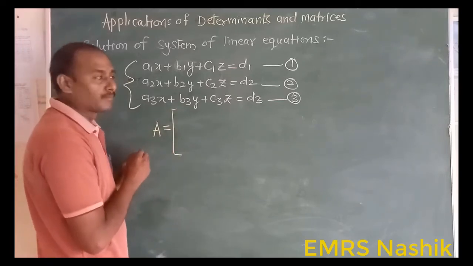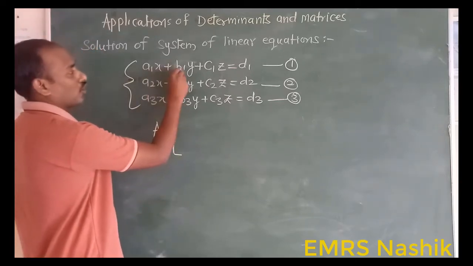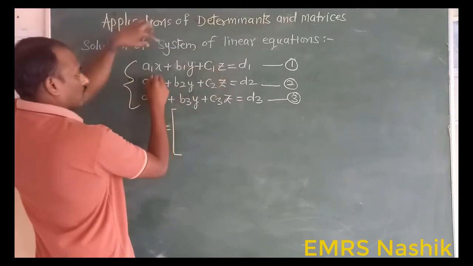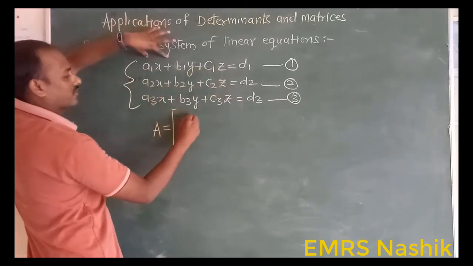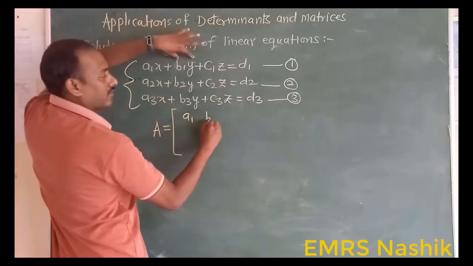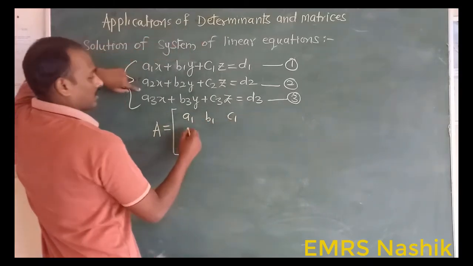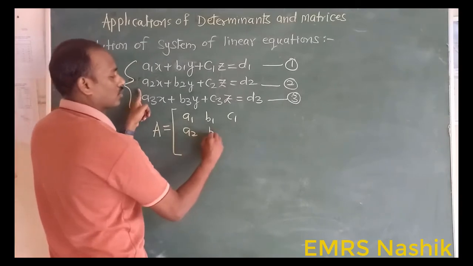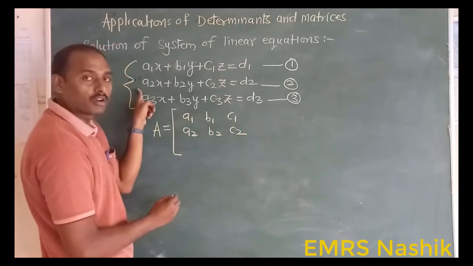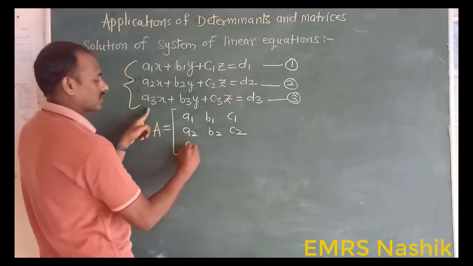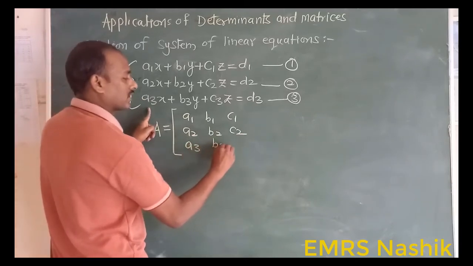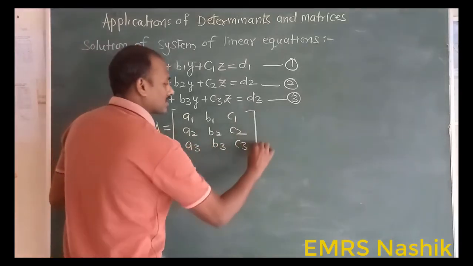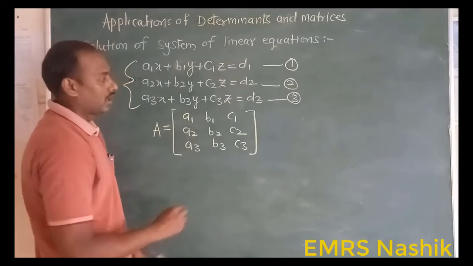In this system we are going to write the coefficients first. For the first equation the coefficients are a1, b1, c1. For the second equation the coefficients are a2, b2, c2, and for the third equation the coefficients are a3, b3 and c3. So this is the coefficient matrix.